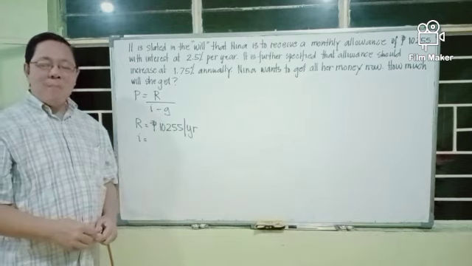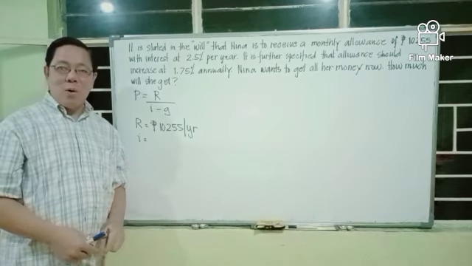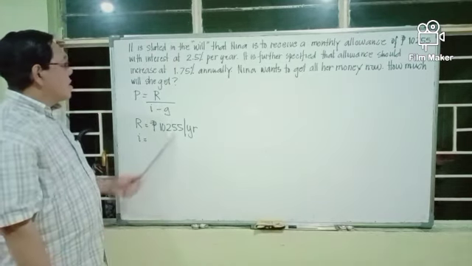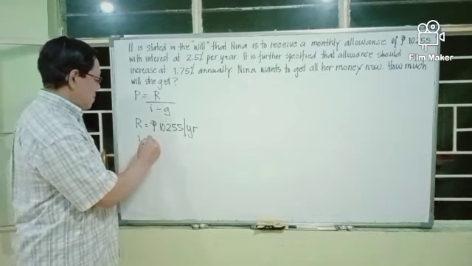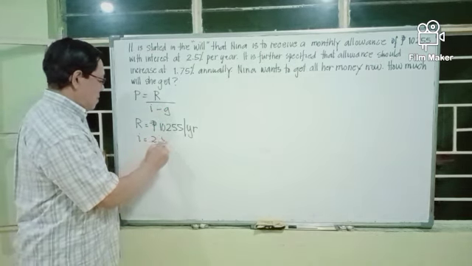And the amount deposited in a fund or in a bank earns an interest of 2.5% per year. In decimal, this is 0.025.